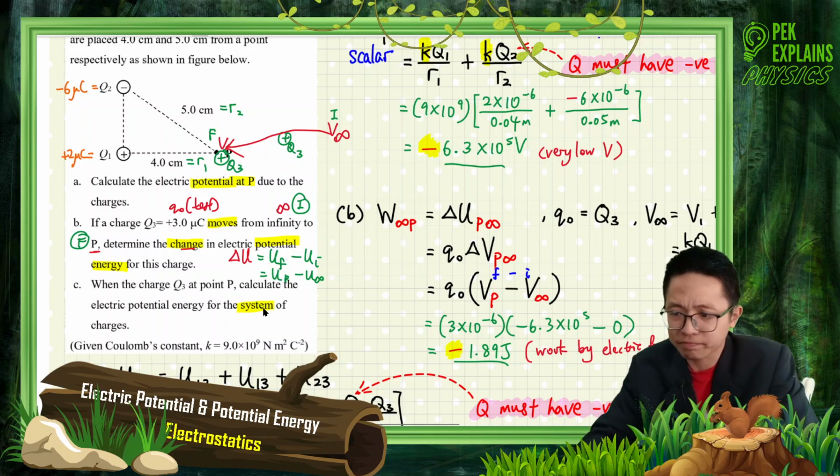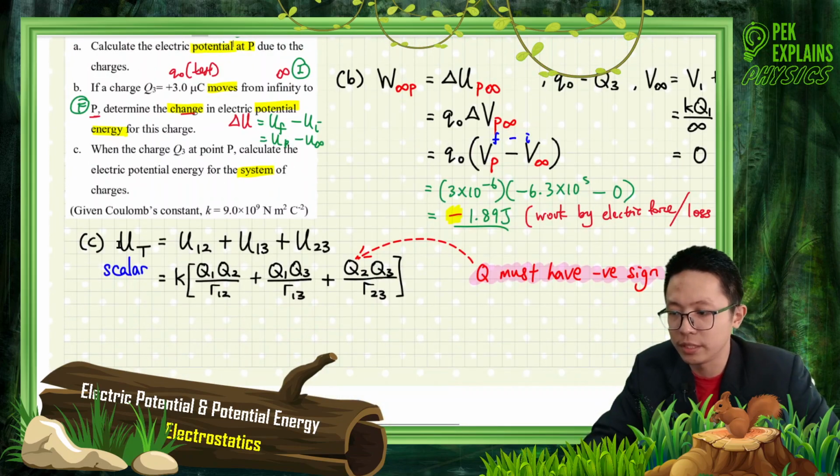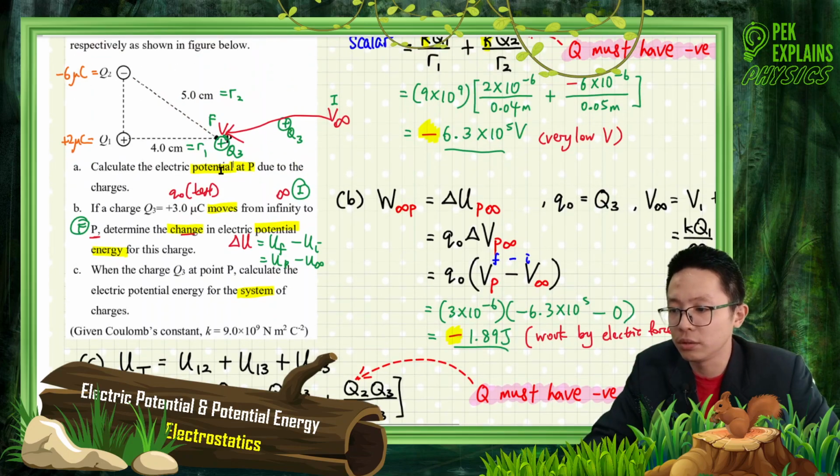Whole system means the total potential energy for all. If you see the word system, that means you need to take the relationship between each pair: between 1 and 2, 1 and 3, 2 and 3.